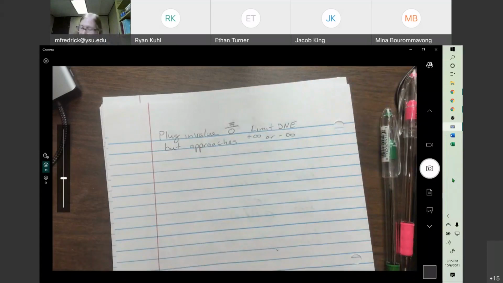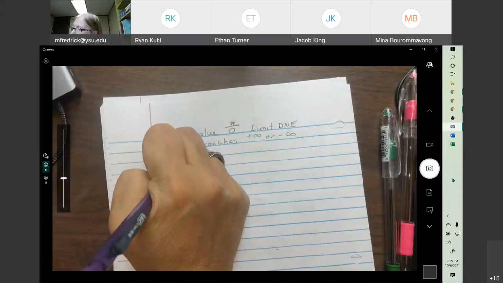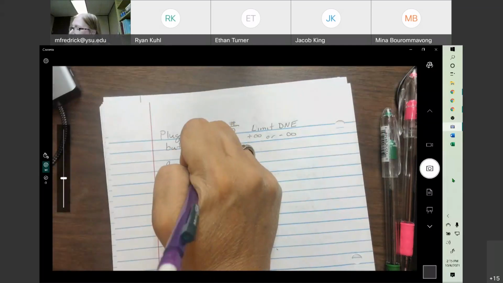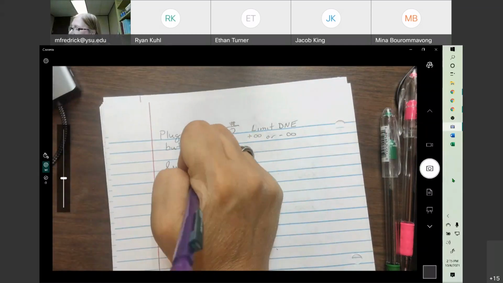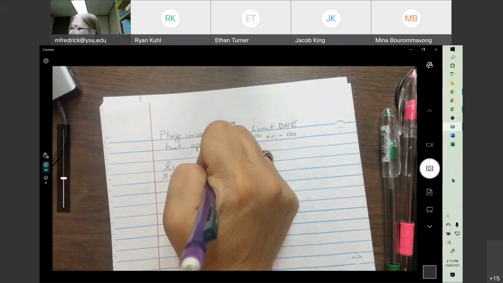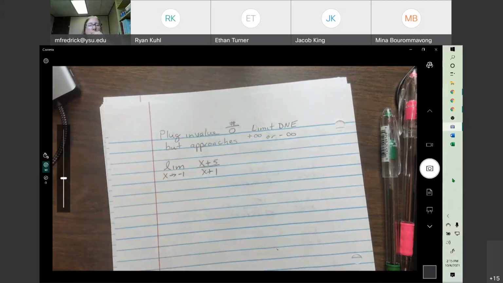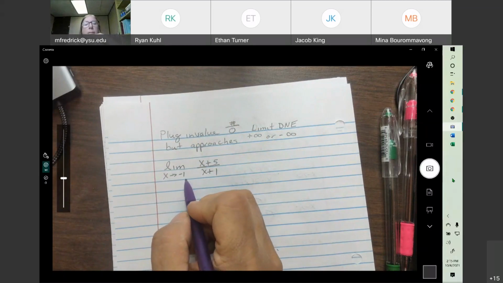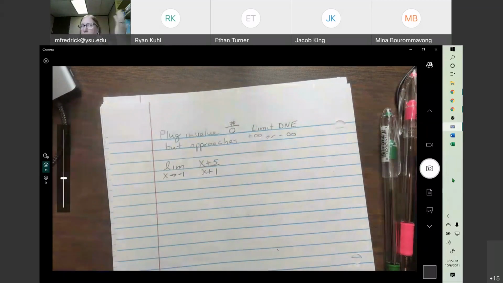Let's look at one. So we have the limit as x approaches -1. First thing we would do, plug it in.